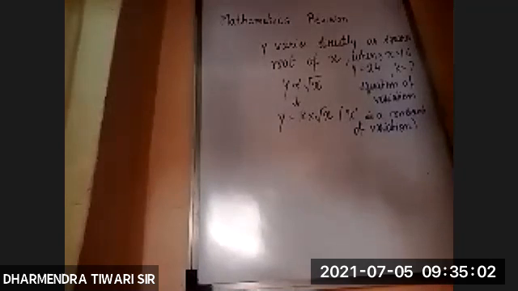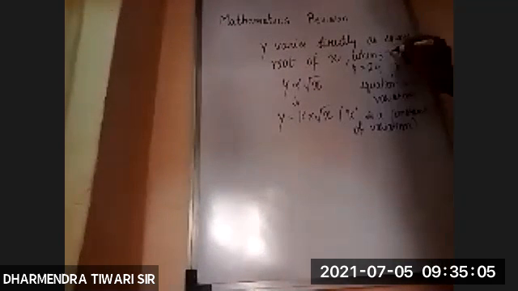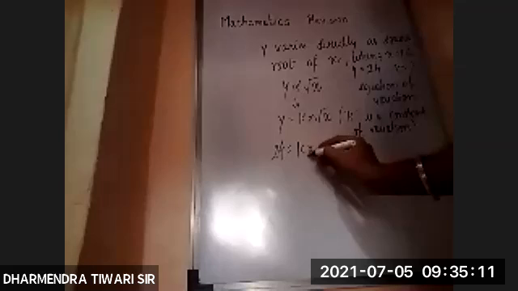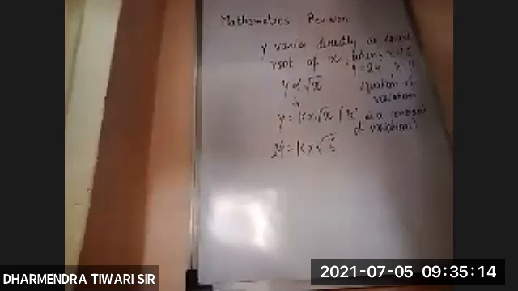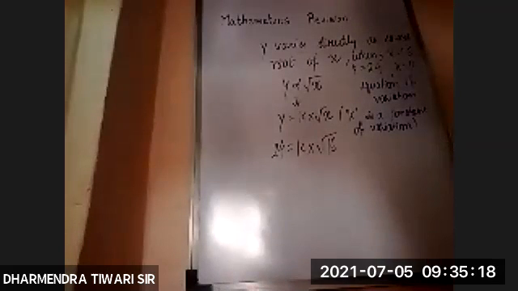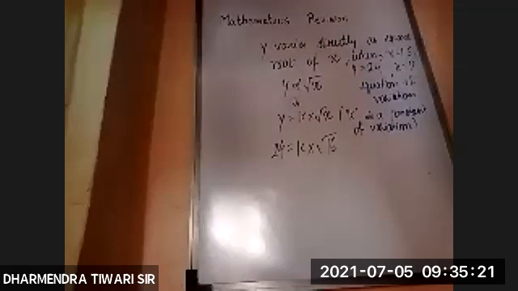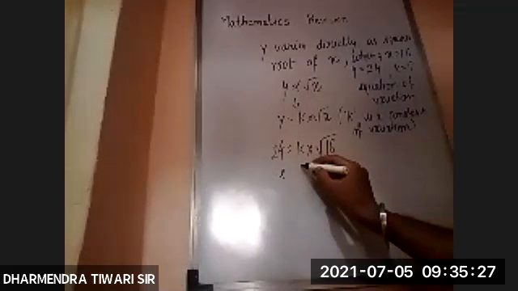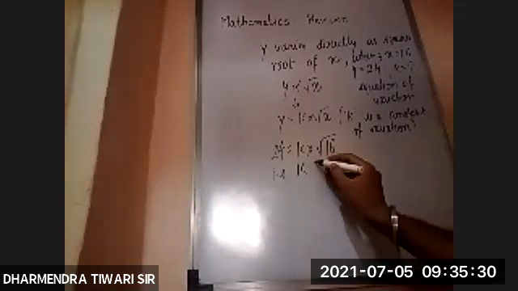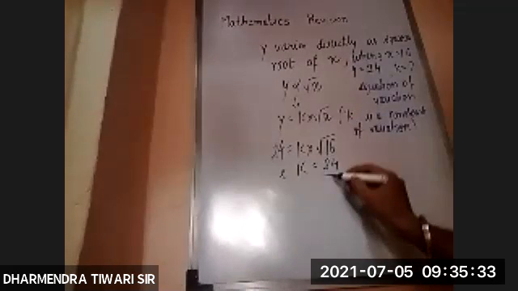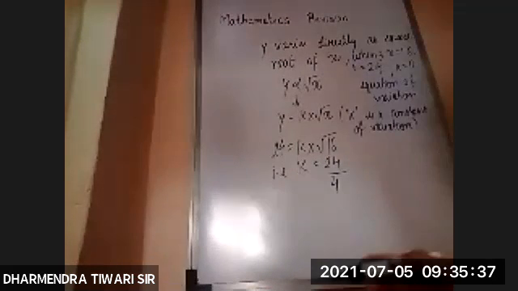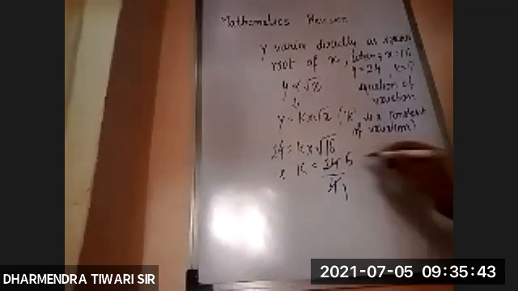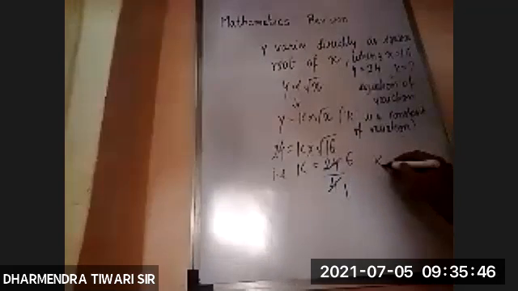If we know both the values, that is x equals 16 and y as 24, keeping k as it is, and x as 16, so root of 16, k is equal to 24 divided by root of 16, which is 4. So I got the value of k as 6.